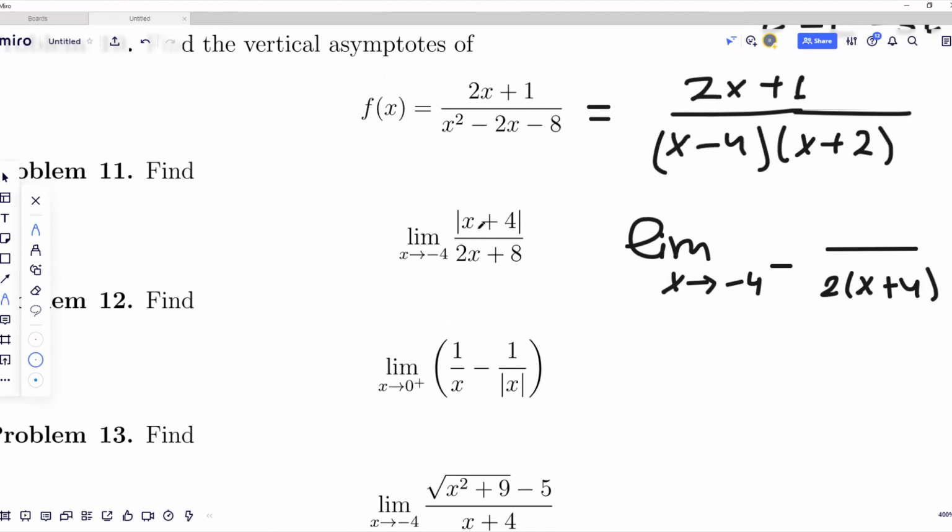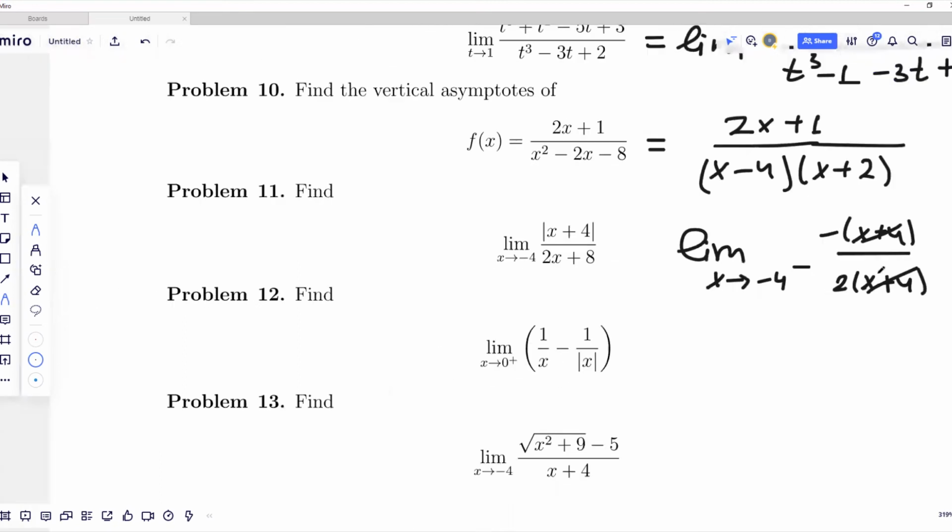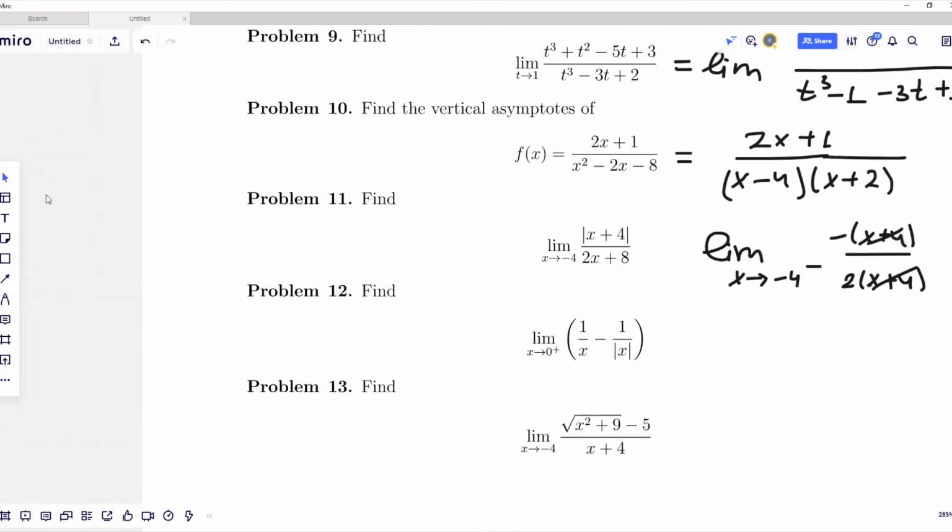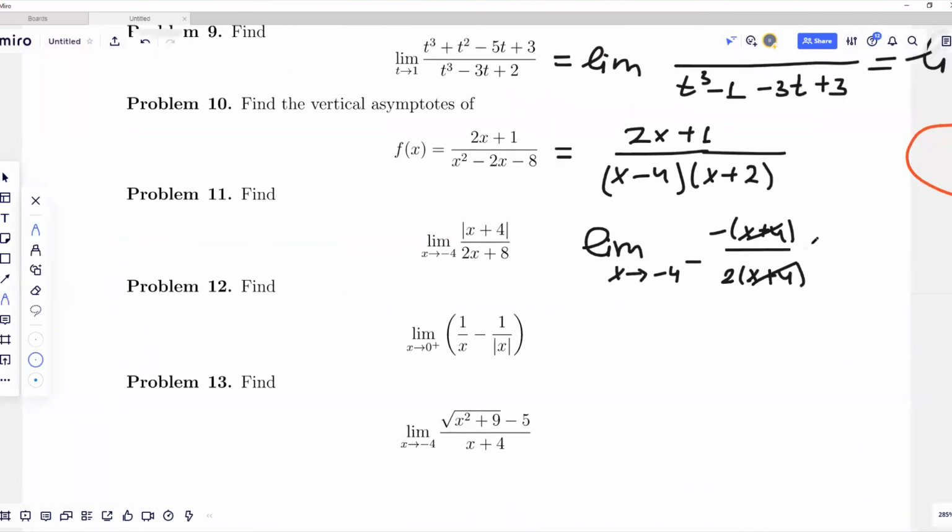So this is negative. So we have a value that is smaller than -4. So that's going to result in a negative value. So this is minus x plus 4. Cancel out. This is -1/2.